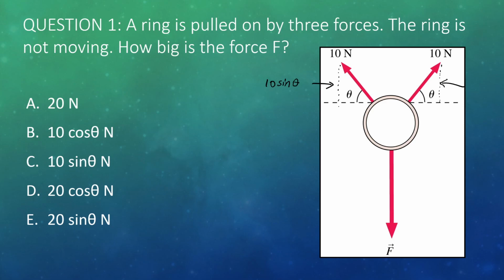We have a vertical piece, which is the opposite side of the angle, so this is also 10 sine theta. So again, for our forces to be balanced such that the ring does not move, these two forces have to combine to equal the force F, so that it's balanced. So we have 2 times 10 sine of theta, which gives us 20 sine theta. The answer is E.